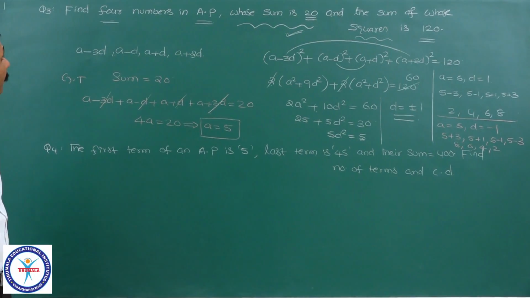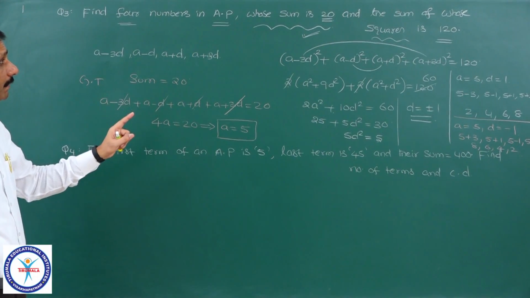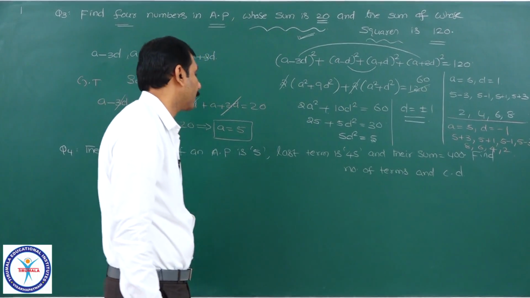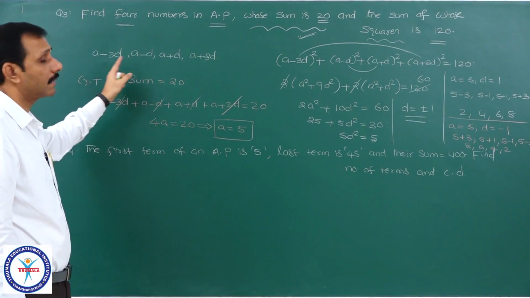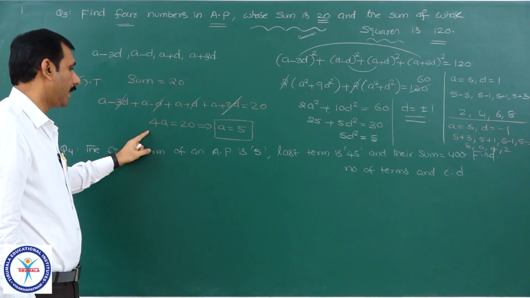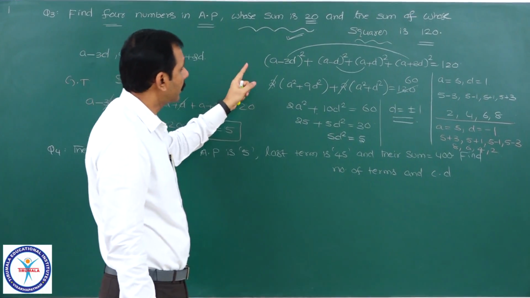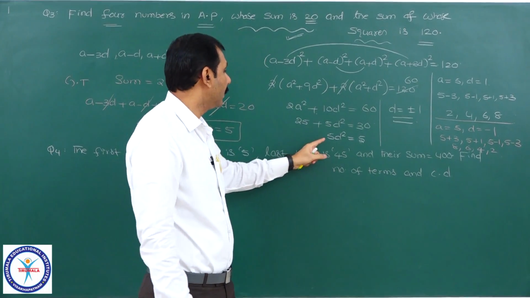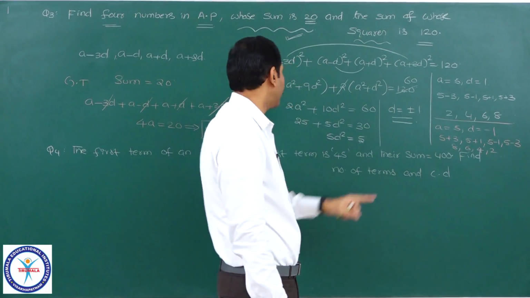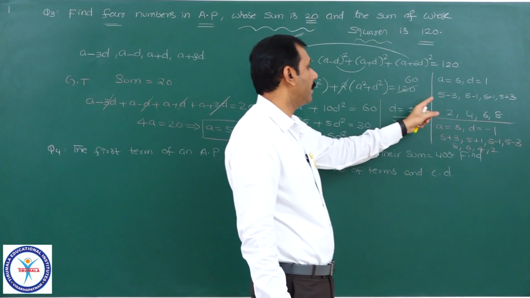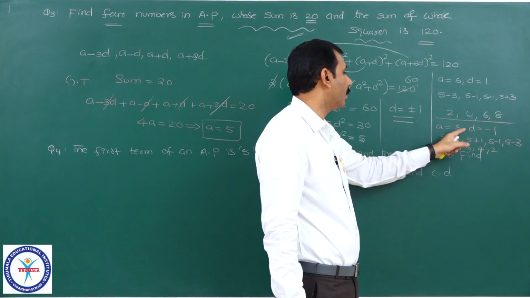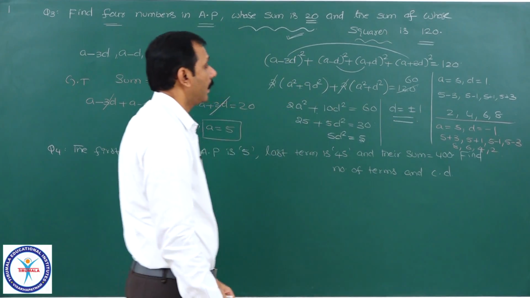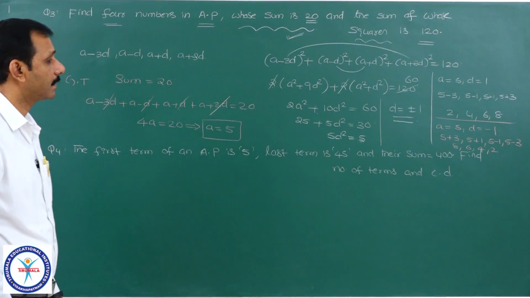Therefore, when 4 numbers are in AP whose sum is given and the sum of whose squares is also given, you can choose the terms and find the a value directly, and with the sum of squares given as 120, I have done the simplification. The d value I got is plus or minus 1. a = 5, d = 1, or a = 5, d = −1, either way the numbers in AP are 2, 4, 6, 8.